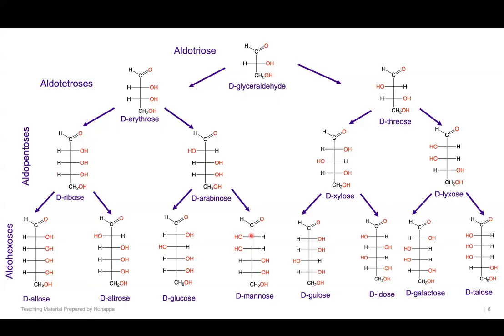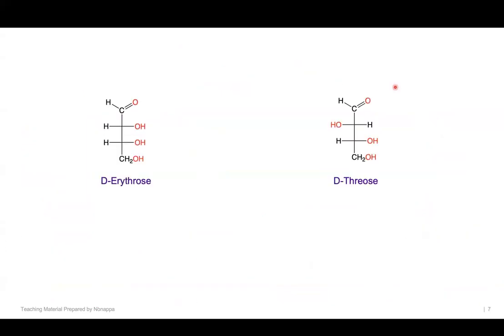So now we can look at how some of these structures are related. If I take these two, D-erythrose and threose, they have the same molecular formula. If you write the molecular formula, they are the same. They have different structural formula. That means the stereochemistry of this particular hydroxyl group, or this asymmetric carbon attached to that asymmetric carbon, is different.